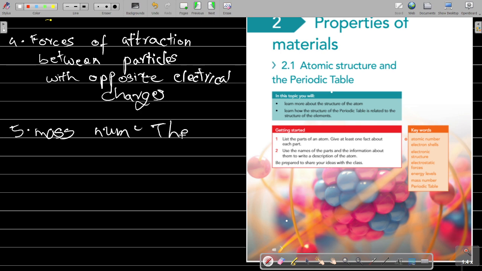The number of protons and neutrons in an atom added together.